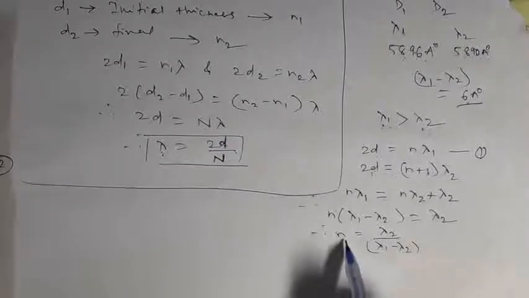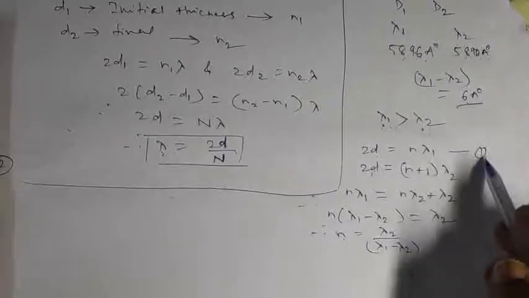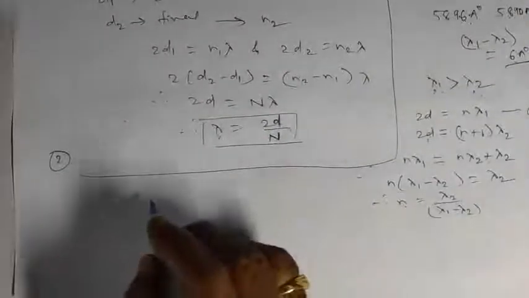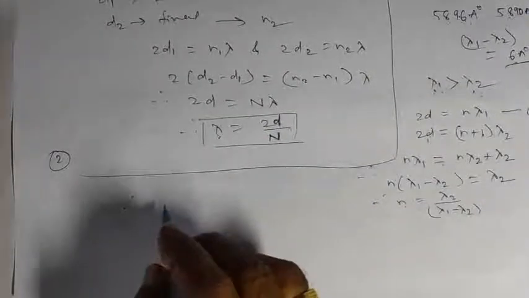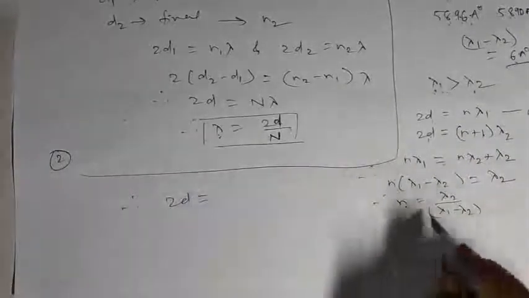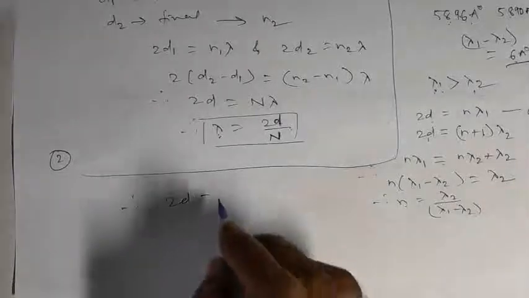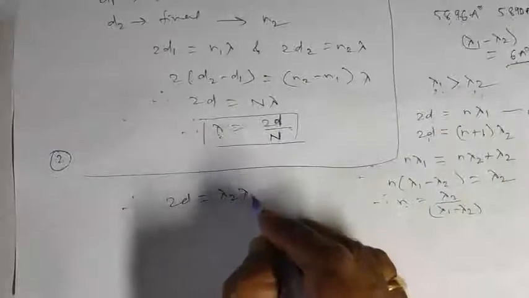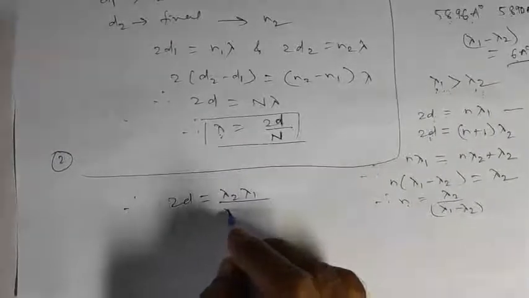Now we have to put this value of n in equation number 1. Therefore we get 2d = n lambda 1, which is lambda 2 into lambda 1 divided by (lambda 1 - lambda 2).